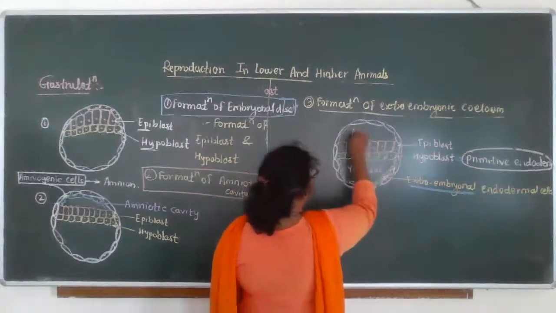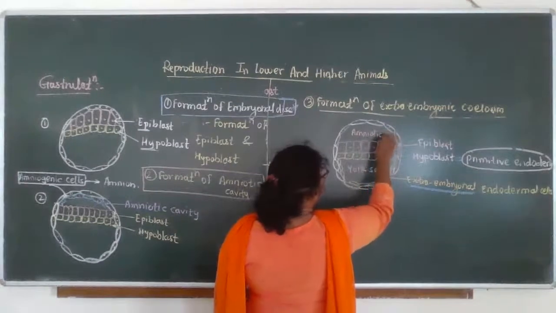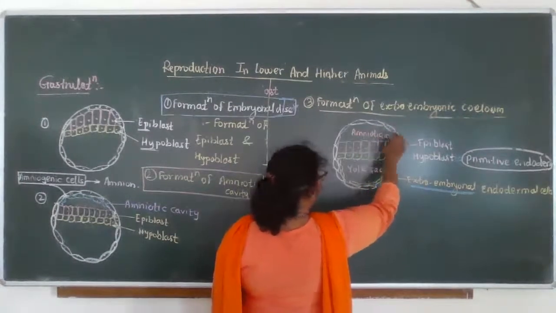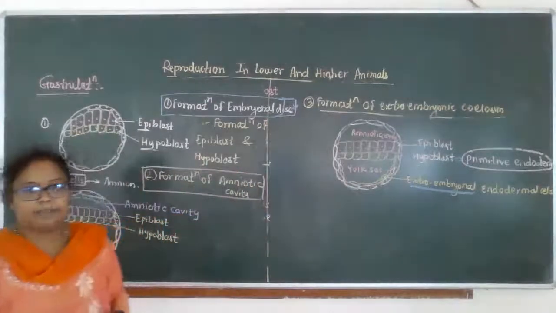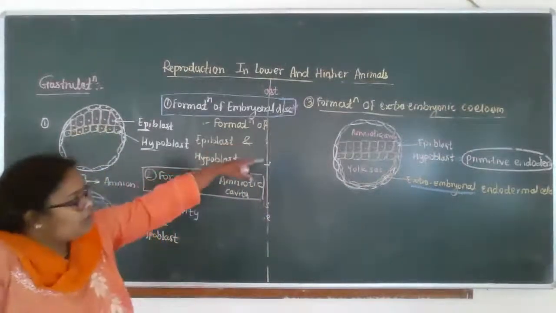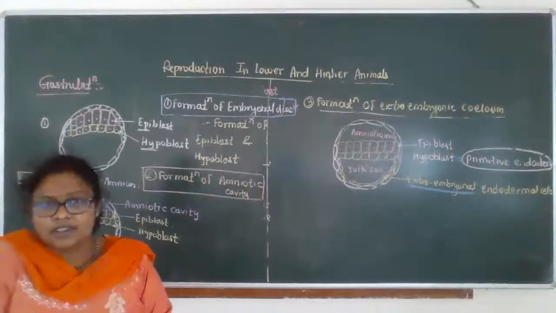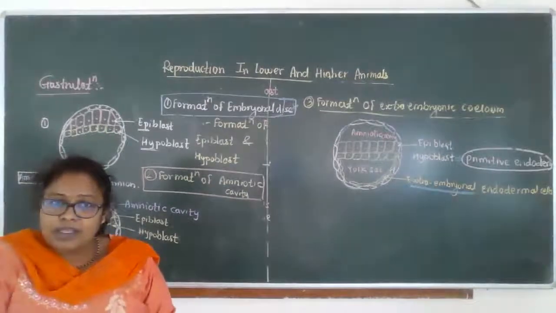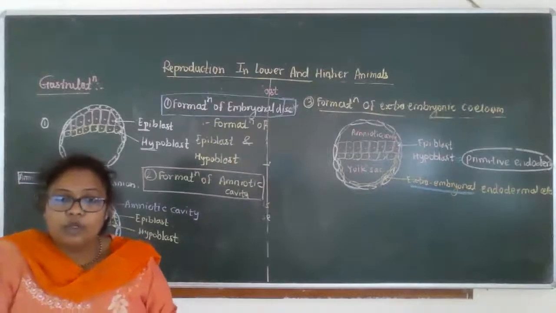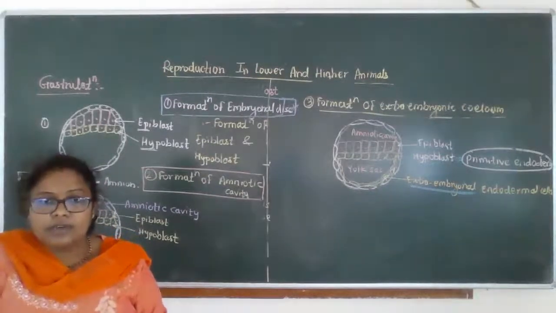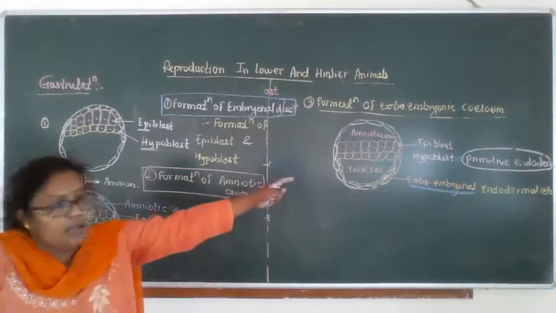So here the amniotic cavity has formed, and here the yolk sac has formed. Two cavities have formed: the upper one is the amniotic cavity, the lower one is the yolk sac, and in between are the epiblast and hypoblast. As you know, the exact endoderm gets formed from the hypoblast cells. So the question may be asked in NEET: from which layer does the endoderm get formed? That layer is called the hypoblast.